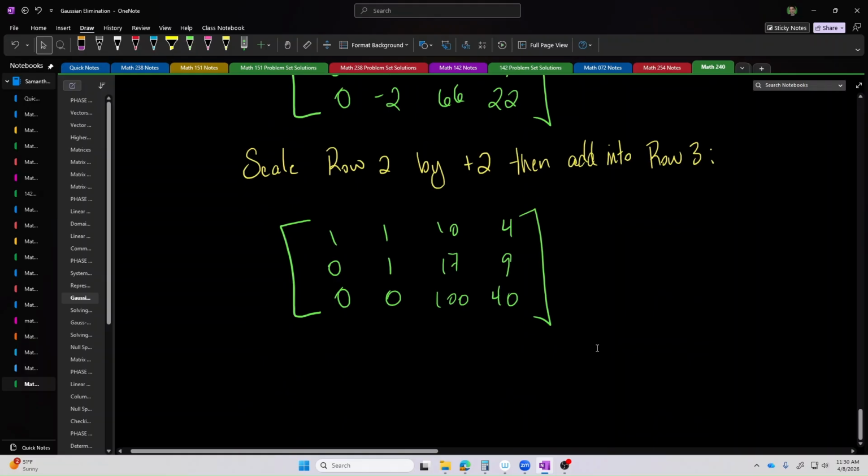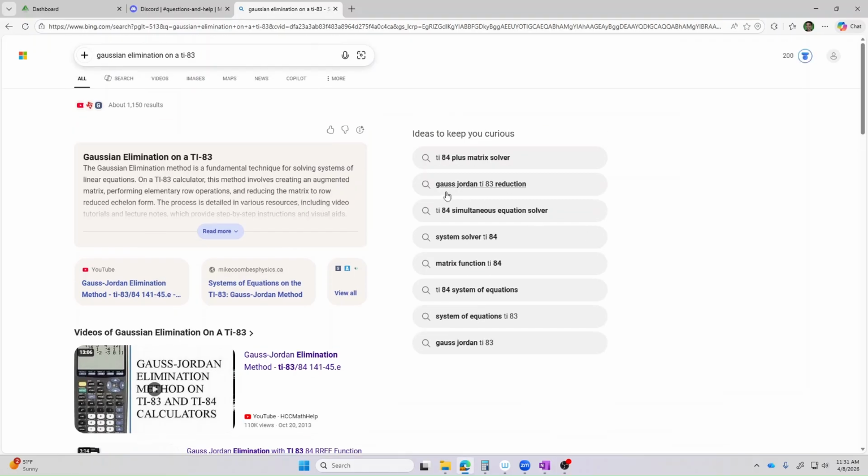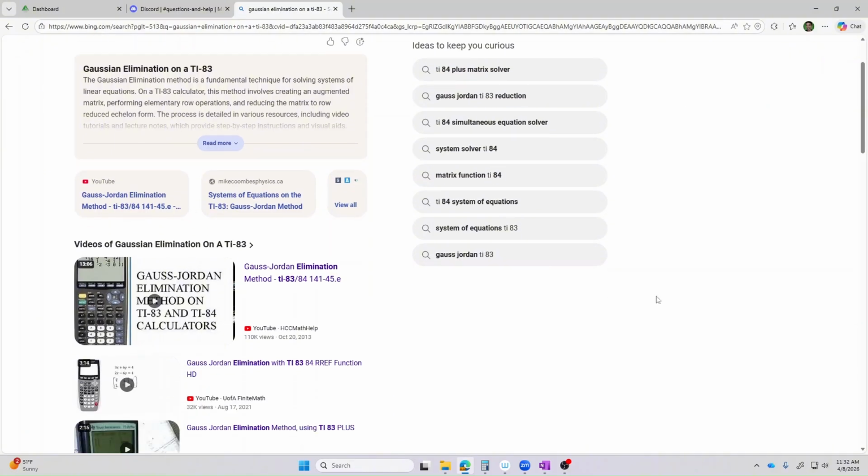However, if you do have a graphing calculator, there are ways to use that graphing calculator to do Gaussian elimination automatically. The specific steps that you need to take on the calculator do depend on what type of calculator you have. Whatever calculator you happen to have, feel free to just go out to Google and ask it to show you how to do Gaussian elimination on whatever is your calculator.